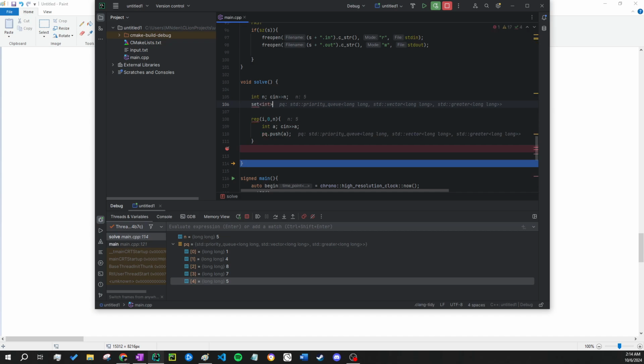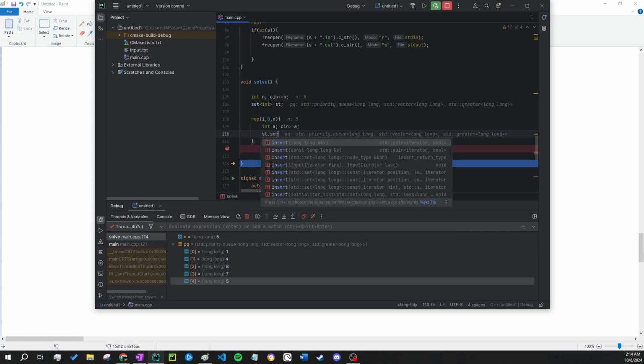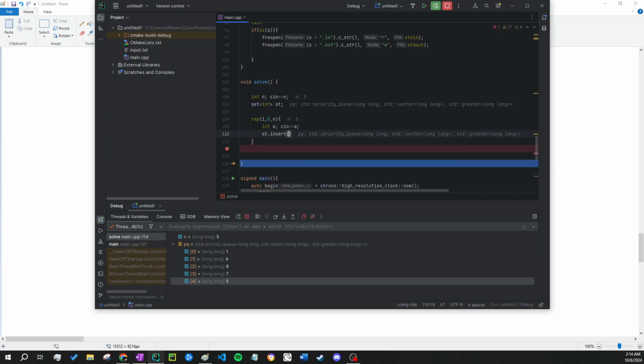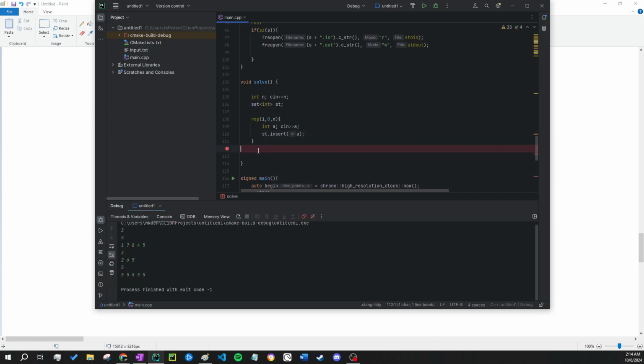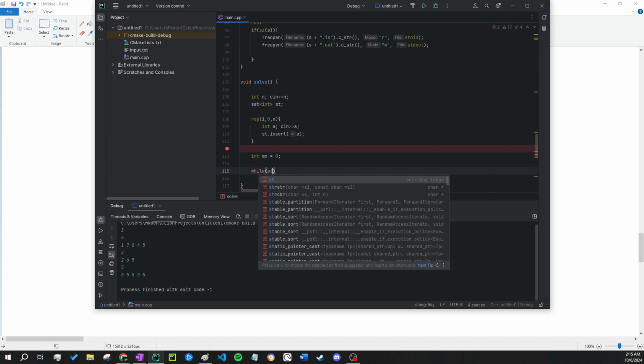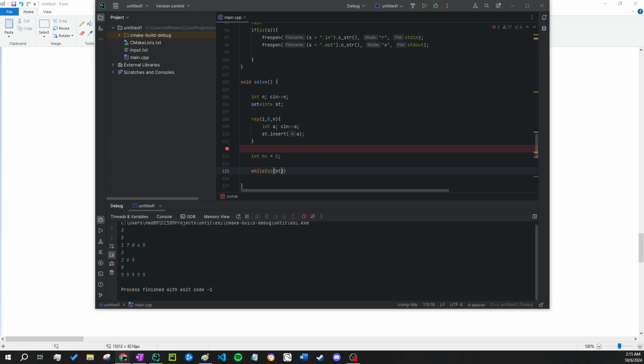Set, and S2. Let's enter it. Okay, let's do it now. Okay, voila. 0. So I guess while S2. Can you remove all this from it? It's a dumb value.